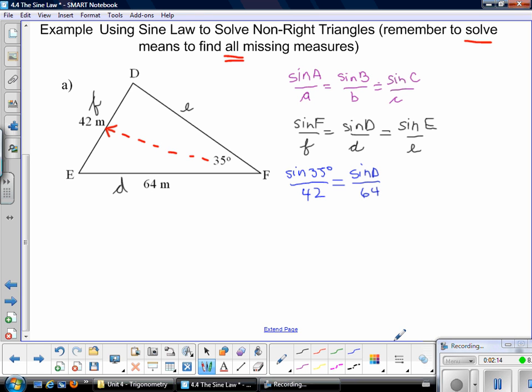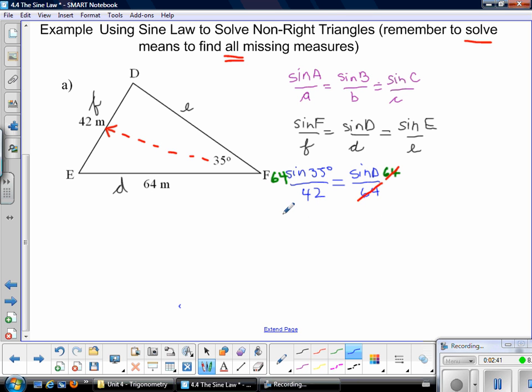So what I'm going to do is multiply both sides by 64. By multiplying both sides by 64, obviously I'm going to get sine D by itself. The 64s cancel out on this side, and I'm left with sine D on the opposite side.